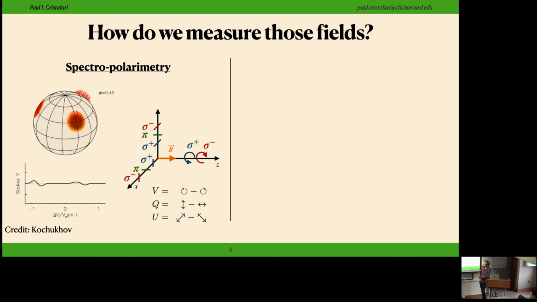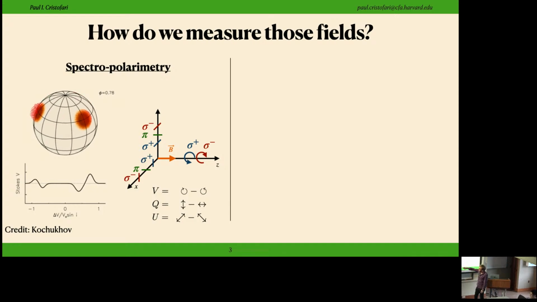There are two main techniques. One of them is to use spectropolarimetry. From polarized light, you can try to deduce the large-scale field structure at the surface of the star, using the fact that the Zeeman effect is polarized. If you have a magnetic field vector, depending on where you look, you can see either circularly polarized light or linearly polarized light.